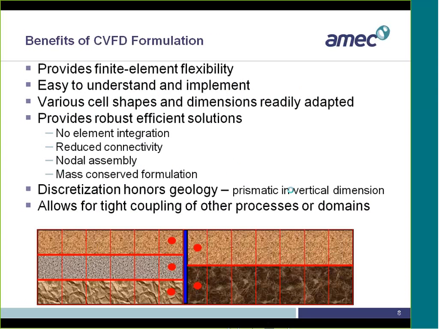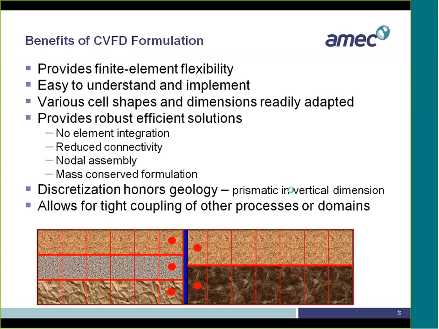Benefits of this control volume finite difference formulation are that it provides this finite element flexibility. It is easy to understand and implement. Various cell shapes and dimensions are readily adapted. You don't have to have catalogs of cell shapes, as in, for example, finite element codes.